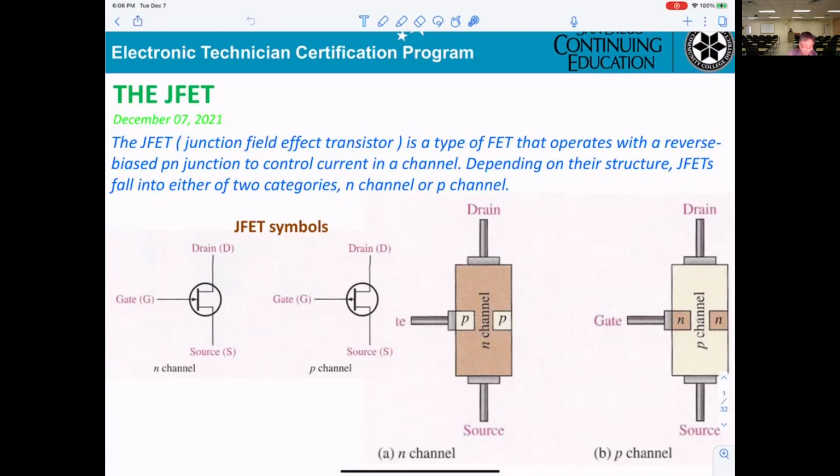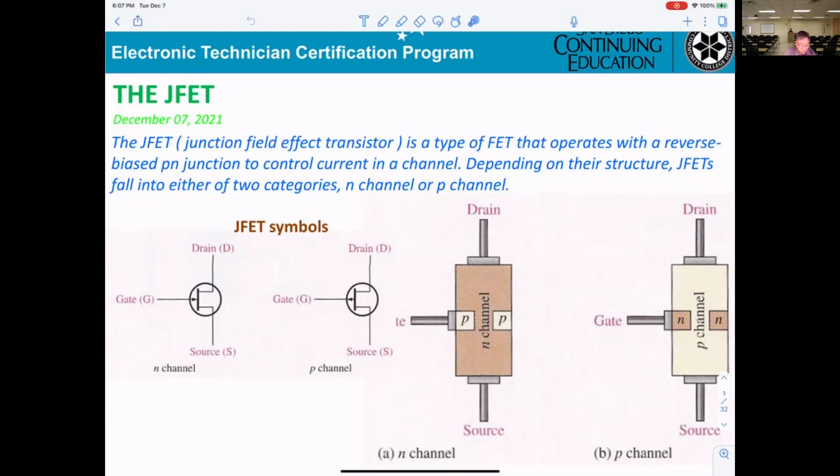Basically, you can get the N channel JFET or the P channel JFET. In bipolar transistors, you get an NPN transistor and a PNP transistor. JFET is the same thing. Only thing is, they say either N channel JFET or P channel.